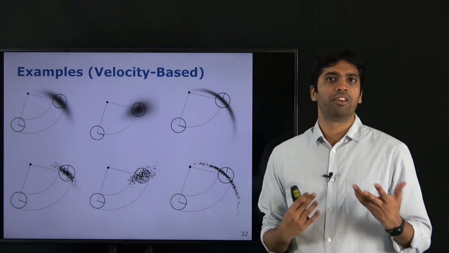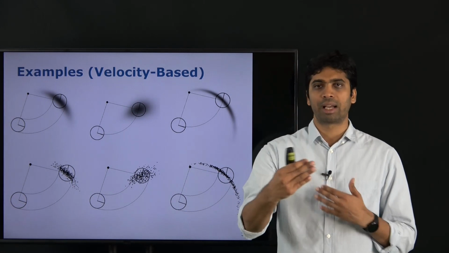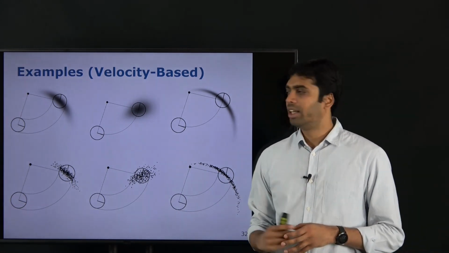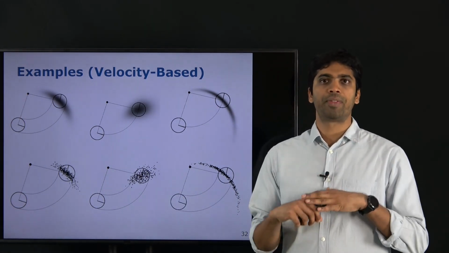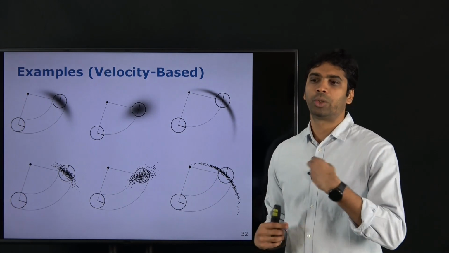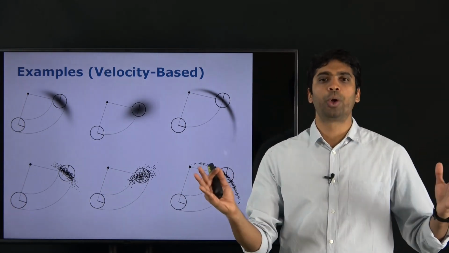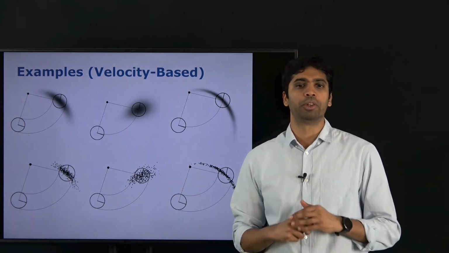In that case, we often use this velocity model, since all we have is the commands that we give them. And in practice, like I said before, usually these velocity models are less accurate than the odometry models, since this is, so to say, apply a command and you don't know what happens, rather than having feedback about how much the robot moved.